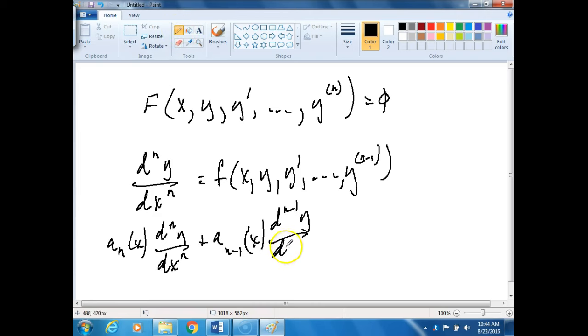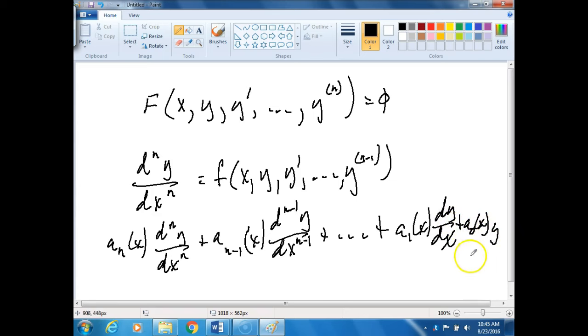Get the writing too fast. Plus, dot, dot, dot, plus a sub 1 of x dy dx plus a sub 0 of x y is equal to g of x.